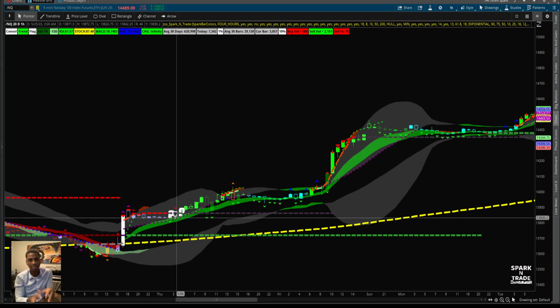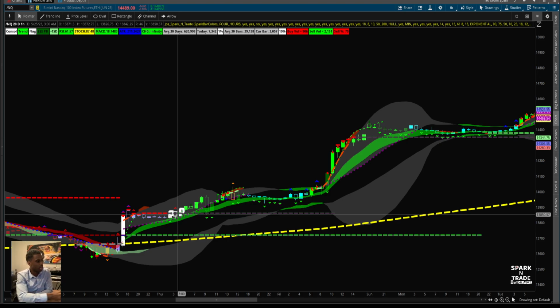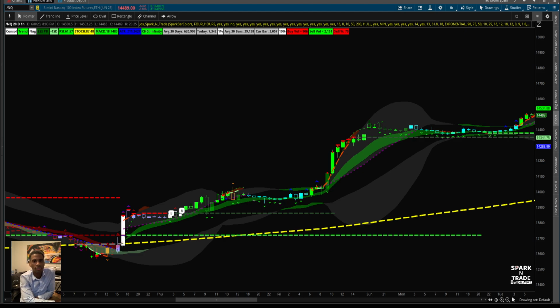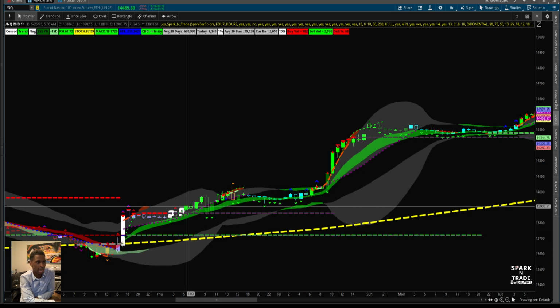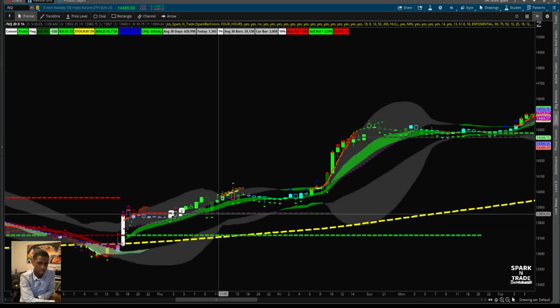Whoever's a buyer, there seems to be a very attractive zone to enter when the trend is believed to be happening. So I like to think of this as the money zone. That's where the money is waiting to send the market to the other side.